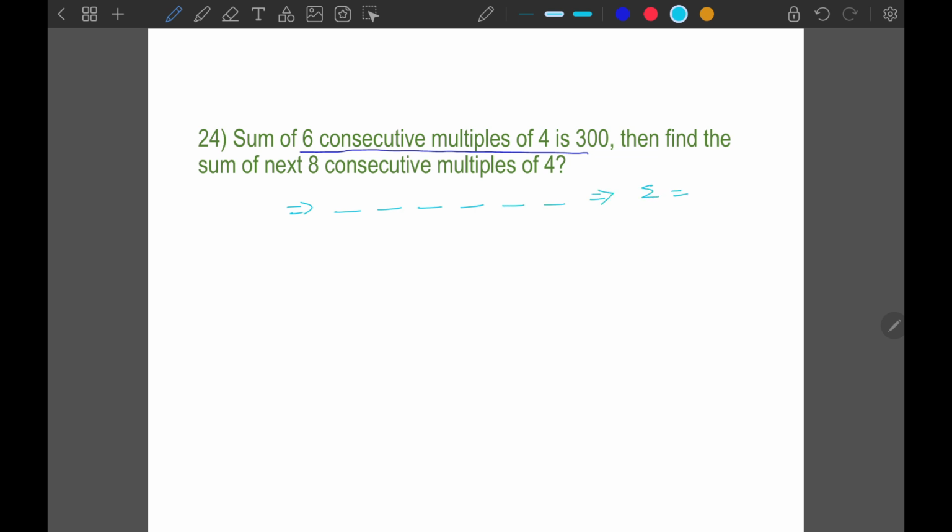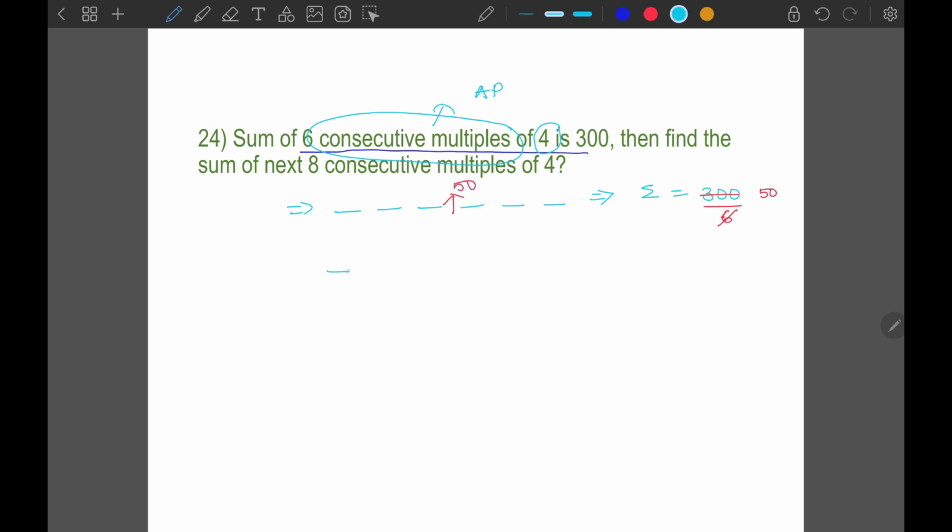Their sum is 300, but it is given a hint that they are multiples of 4. First, it is an AP series, so the mean will be the middle term. So 300 by 6 is 50, the mean will be 50, which is centered around this.